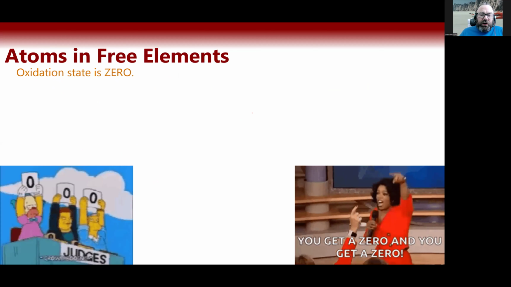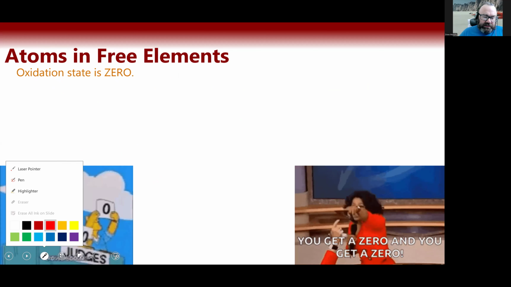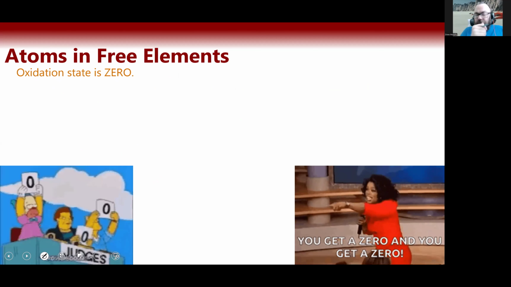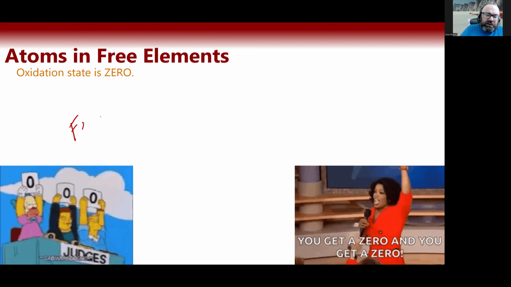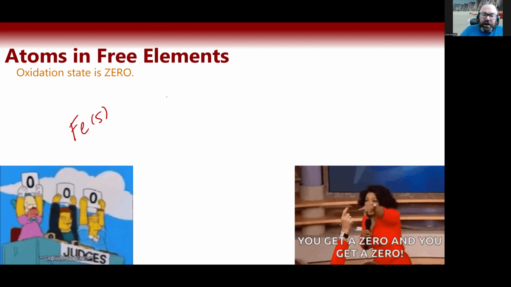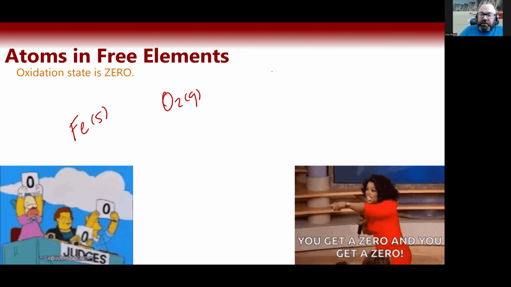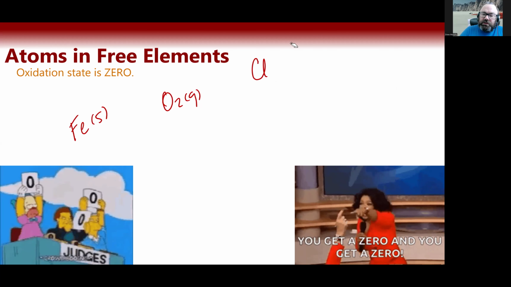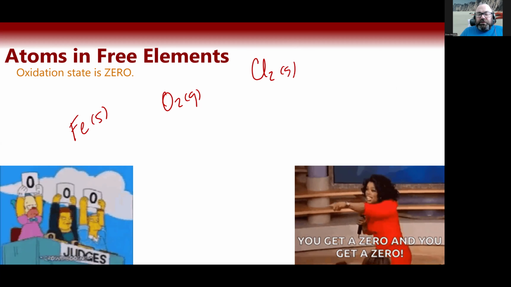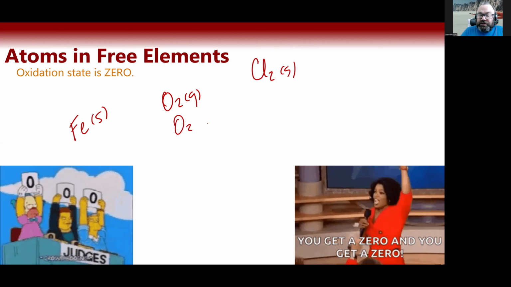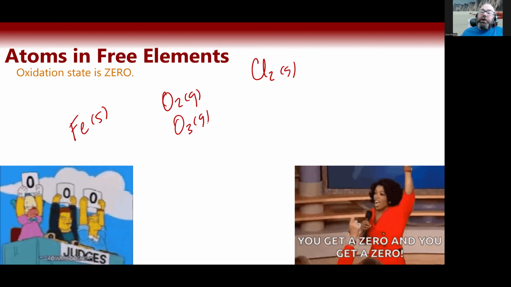Okay. So our first thing is an atom that's in a free element is going to be 0. So what do we mean by a free element? Something loose on its own. Maybe it's iron solid, maybe it's oxygen gas, chlorine gas, some sort of elemental form. Ozone is another elemental form of oxygen, so that's also going to be 0.